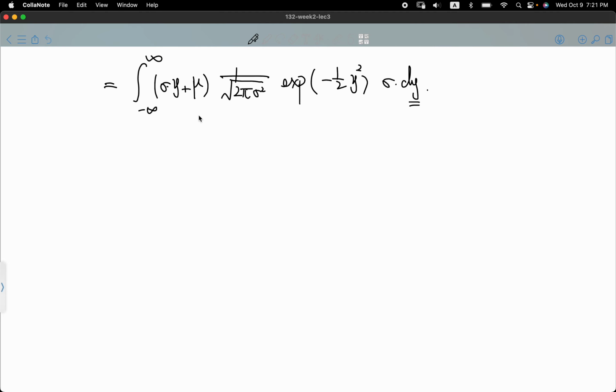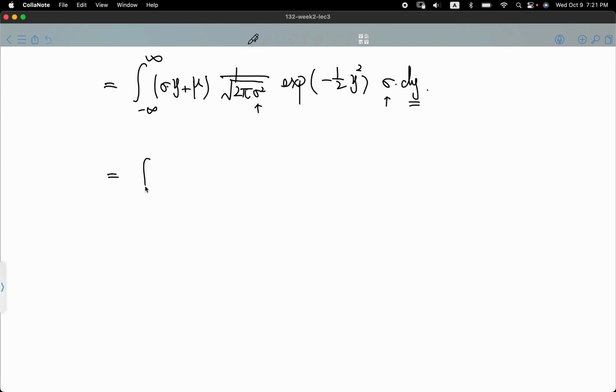Now I'm going to break the sum into two parts. I'm also going to cancel this sigma square in the denominator with this sigma here, because this is under the square root, and then they will disappear.